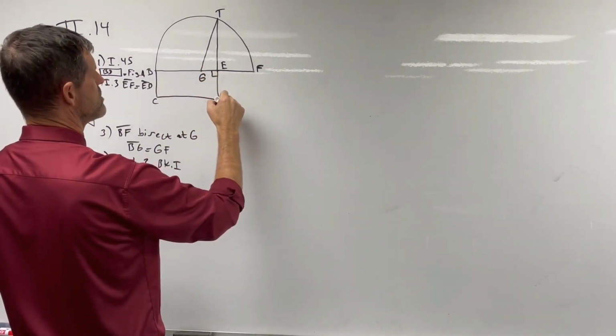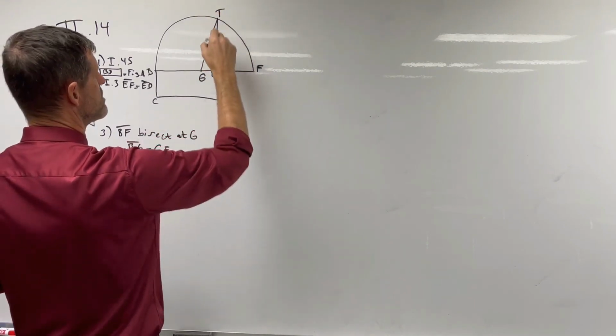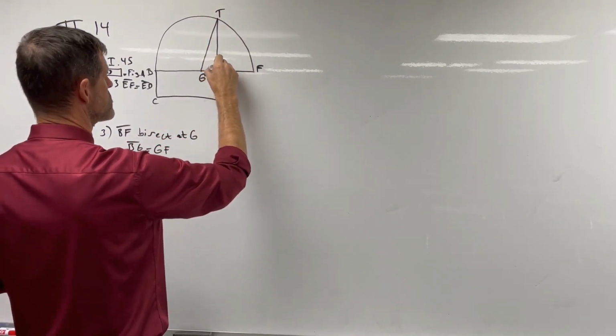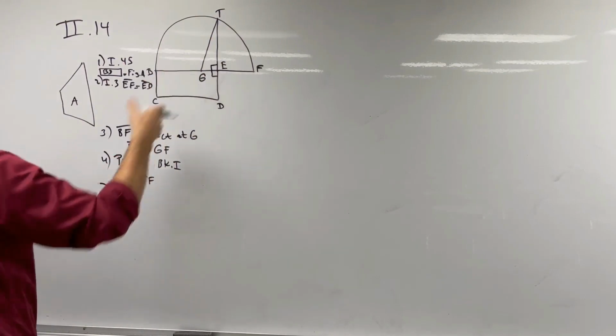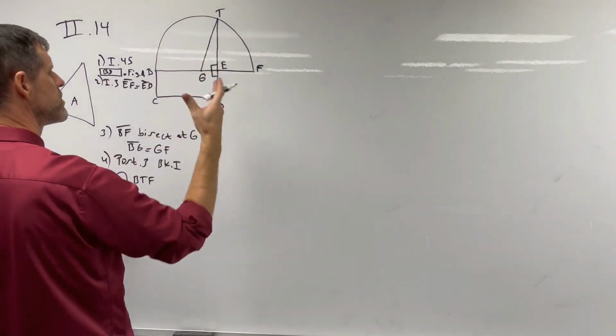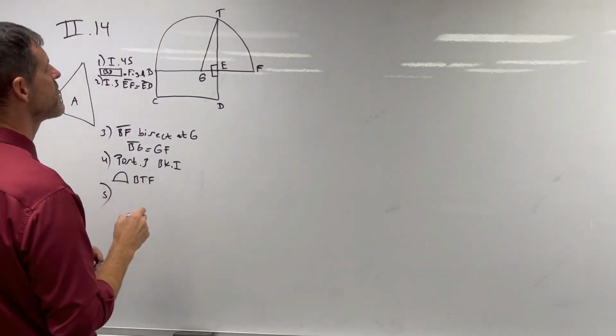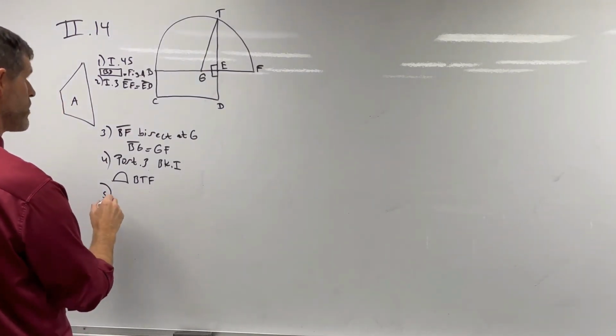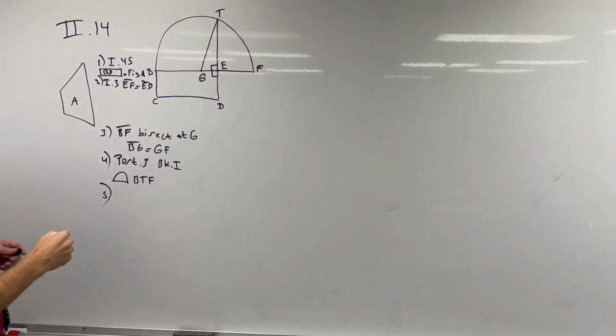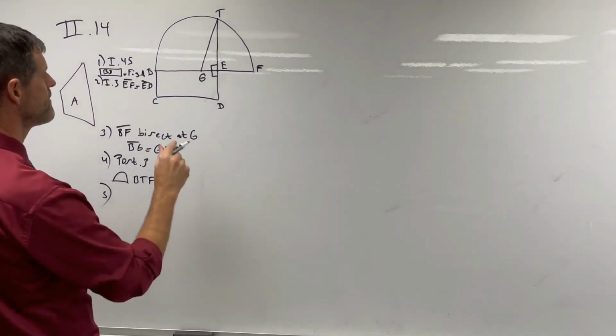And because we continued DE up in a straight line to T, we know that this angle must also be a right angle because of Prop 13, which says the adjacent angles are either two right angles or they're equal to two right angles. And then we can also apply now Proposition 5 of Book 2.